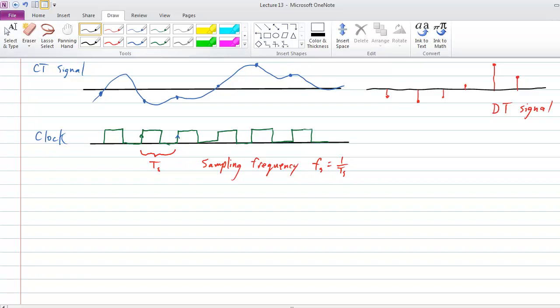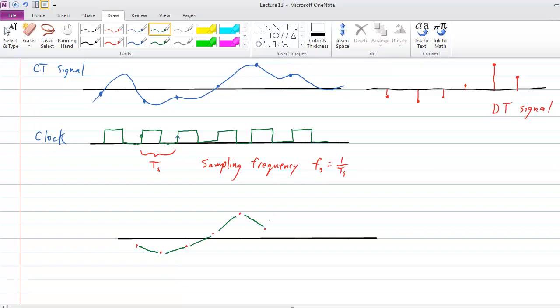So let me redraw my points here. All right. Here are our points. Okay, what I heard here is you could connect them linearly, like straight lines.